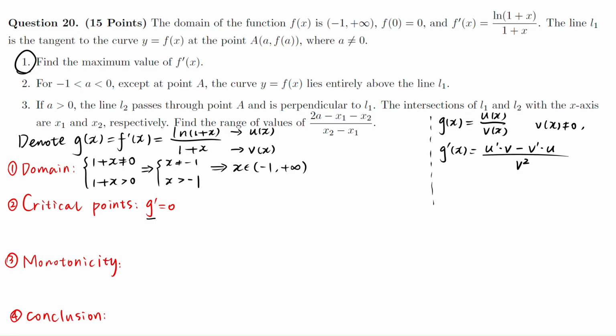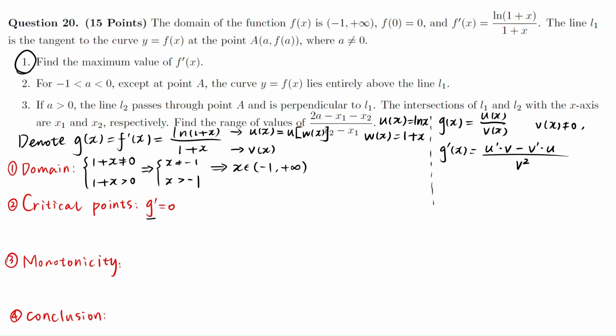This numerator is actually a composite function, okay? It is equal to u of w of x, where w of x is equal to 1 plus x and u of x is equal to the natural log of x, right?